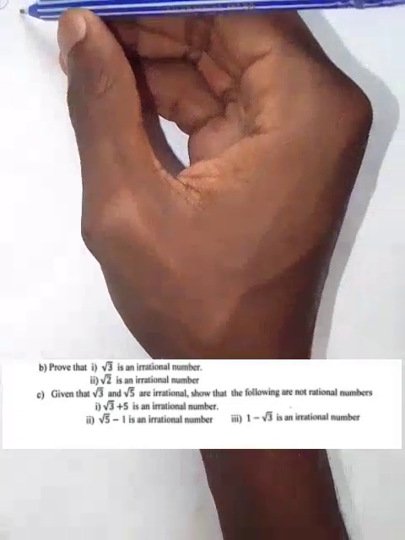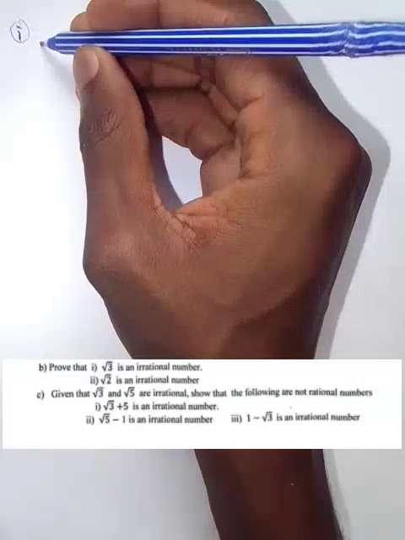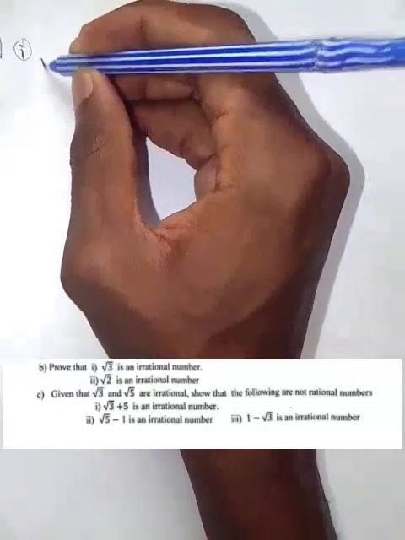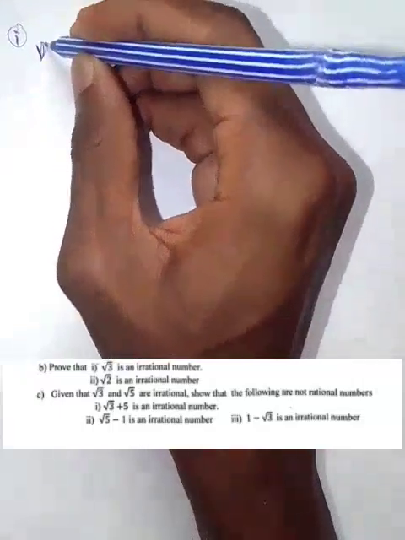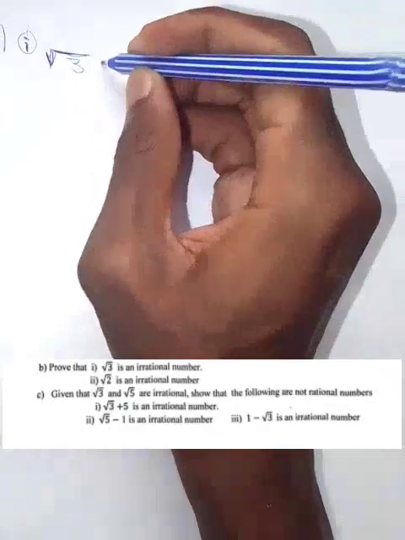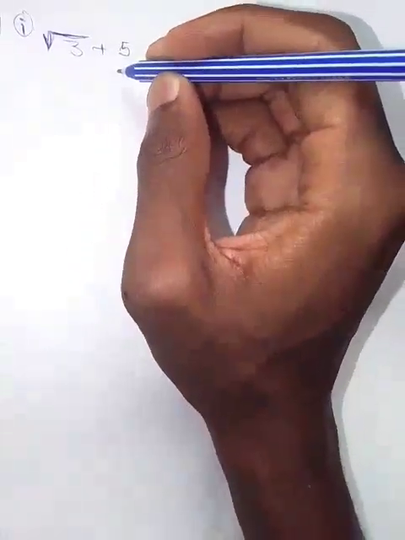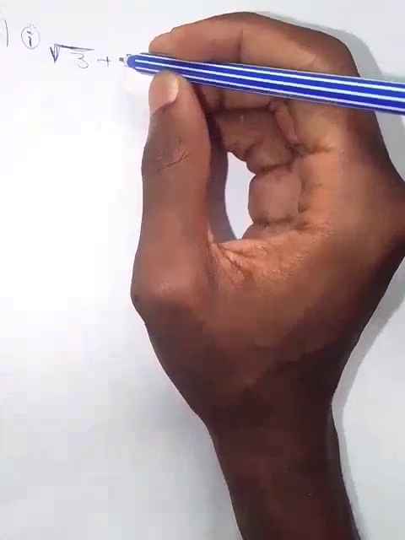So let's begin. Let's go to question 1. We have been given to prove that the square root of 3 plus 5 is irrational, right?